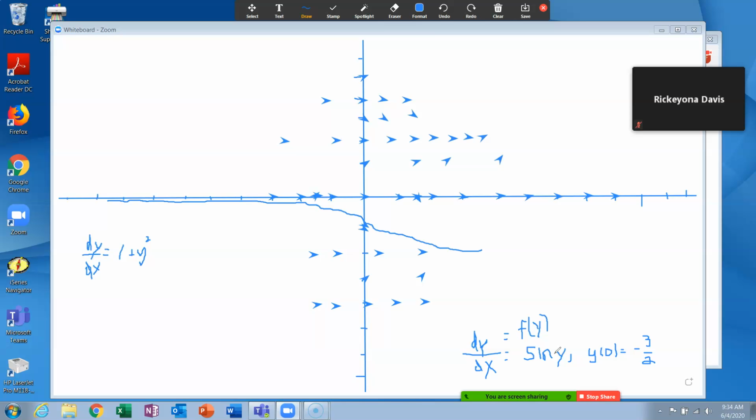Now, it actually is the same thing we were calling critical points back in Cal 1, okay? Because think of this. Here is your derivative. dy dx is equal to f of y. So your f is your derivative of y. Well, where your derivative was equal to 0, that's what we considered a critical point.